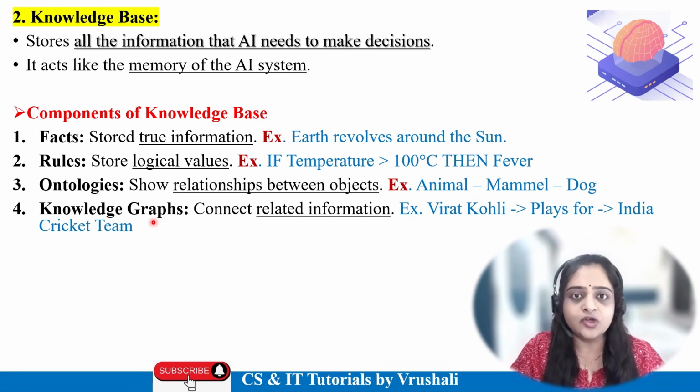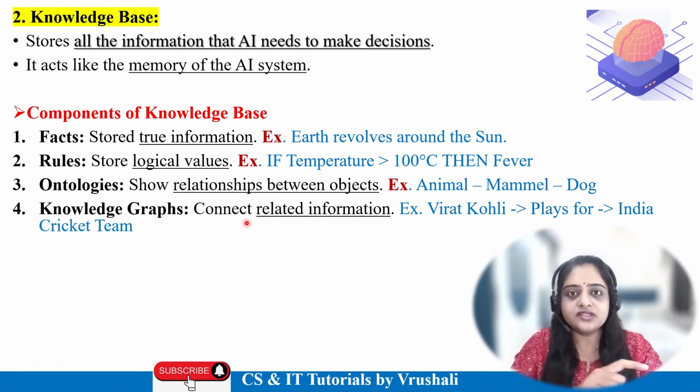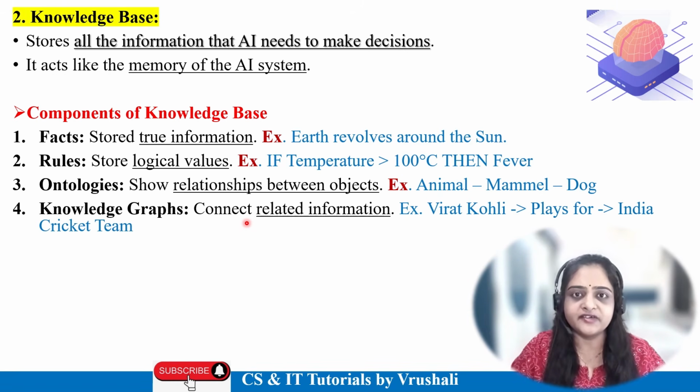And the last one is knowledge graph. Knowledge graph connects all the related information. For example, Virat Kohli plays for the Indian cricket team. This is called a connection. The AI system collects all this information in the first layer, and in the knowledge base it stores all this information for decision making purposes.